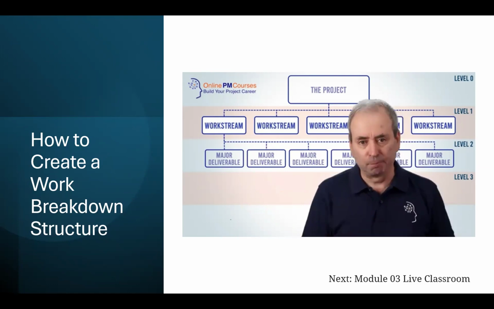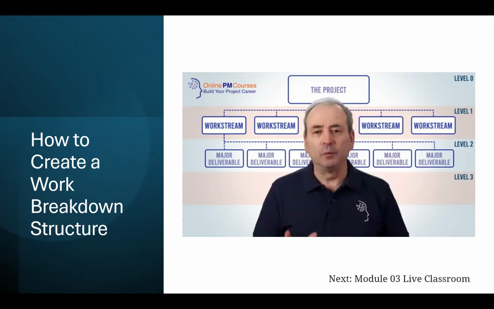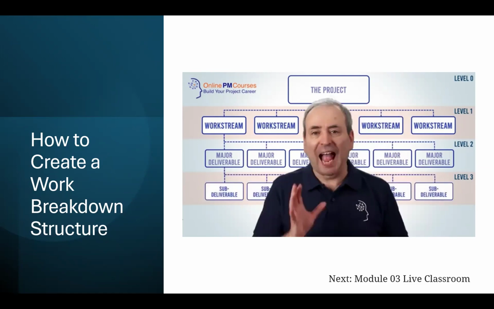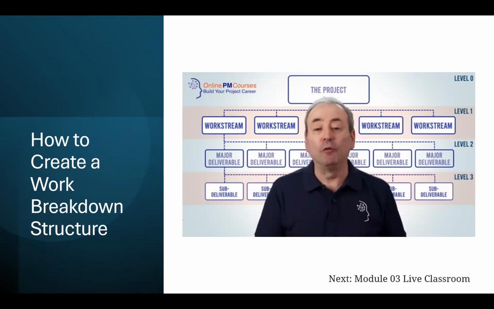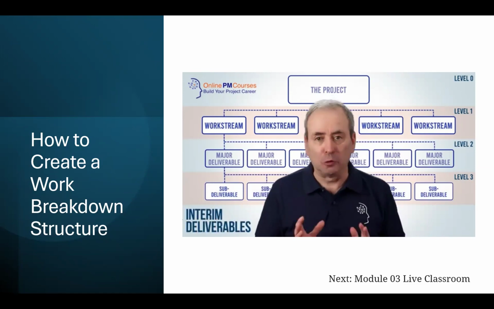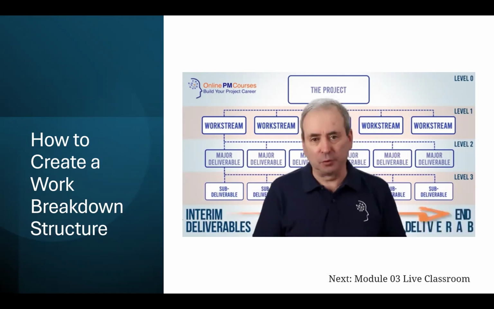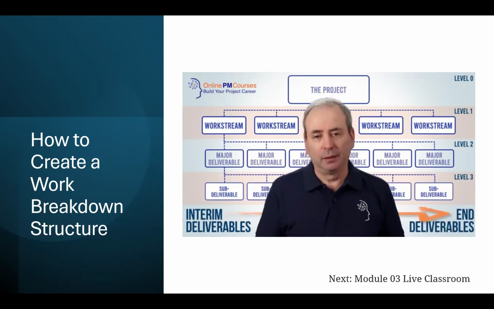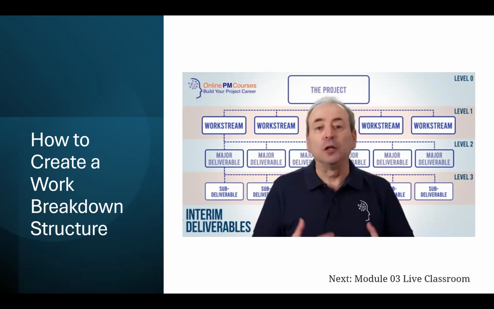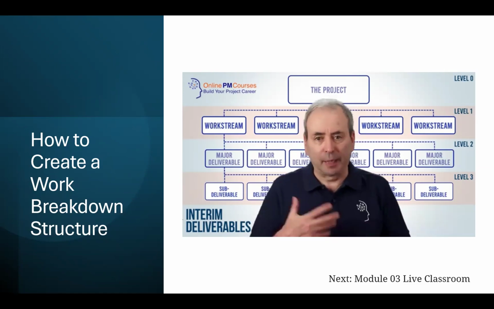So at level 3, we will see components of the major deliverables, and we will see a large number of interim deliverables. Interim deliverables are things we need to create in the project in order to help us get to the end deliverables. Typically, they include things like prototypes and tests. They include project management artifacts like plans and stakeholder lists.